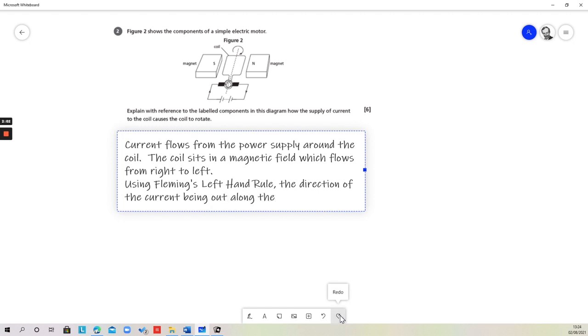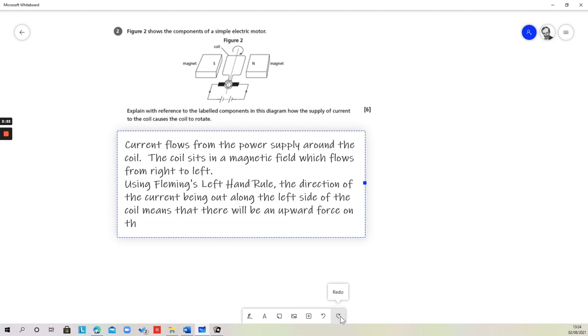The direction of the current being out along the left side of the coil means that, and we can use Fleming's left-hand rule here to identify the direction of the motion, there will be an upwards force on the wire.